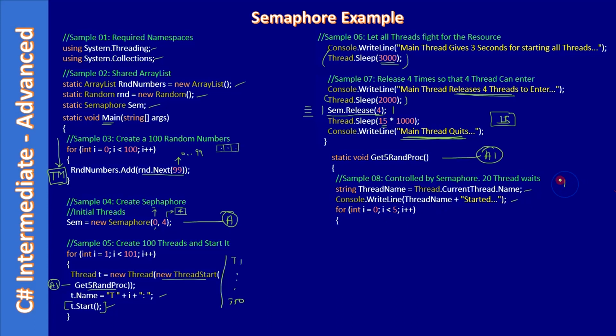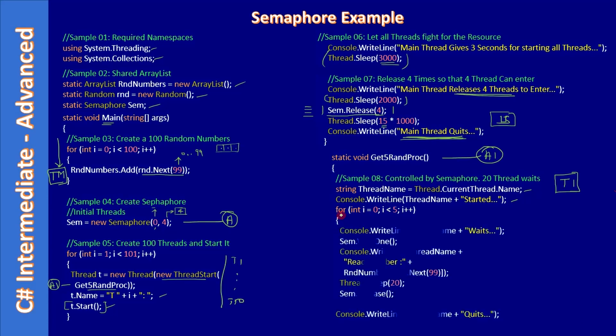Let's say thread T1 is accessing it. Likewise there will be 100 threads. So T1 is accessing it. It will print T1 started. After that it will run 5 times, which means there will be a loop.